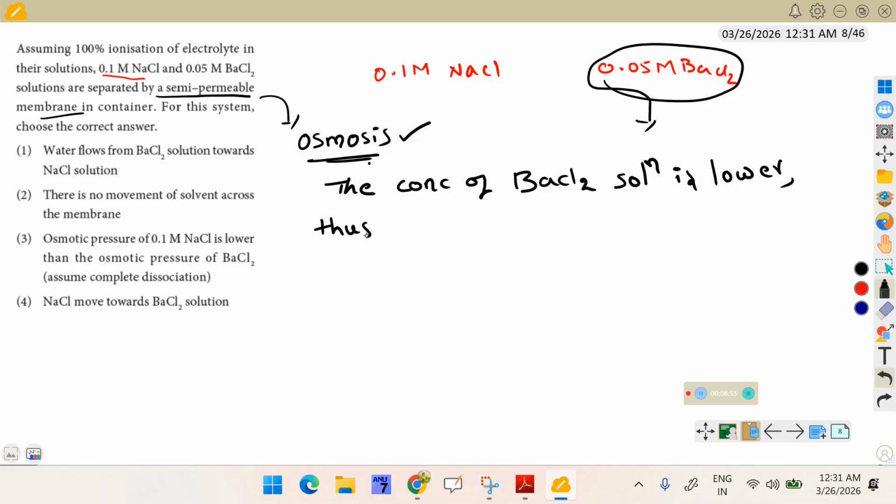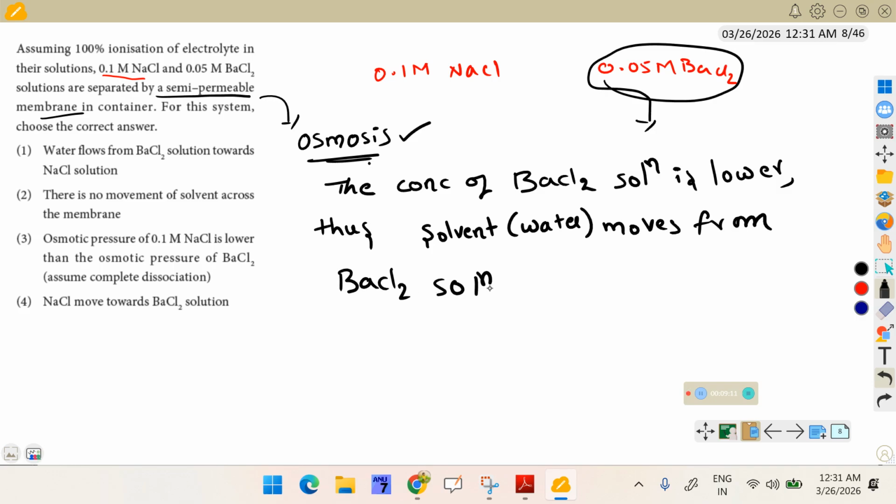Thus, the solvent. What is the solvent here? Water is the solvent. Solvent water moves from BaCl2 solution to the other solution, according to osmosis.